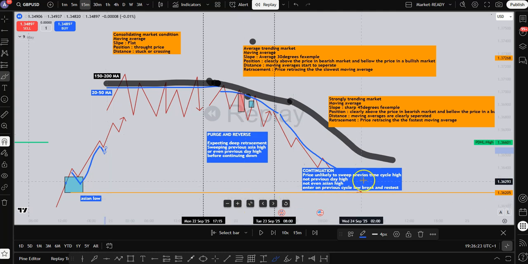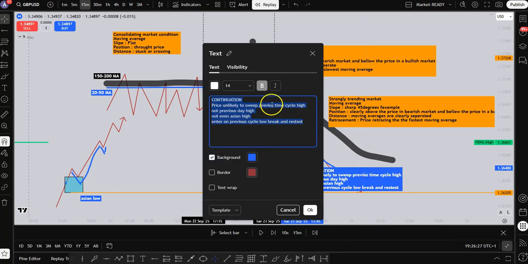So price is likely to see the previous time cycle. Not the previous day high, not even, as you know, until the previous cycle.